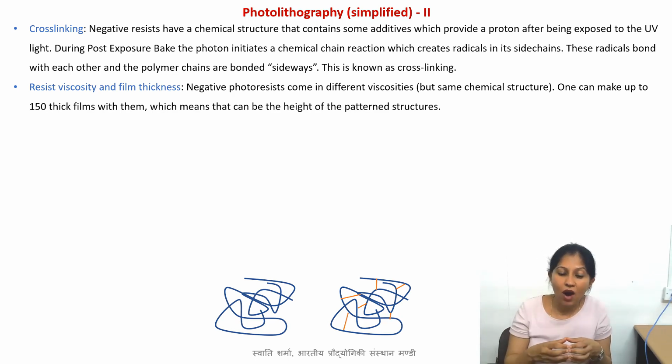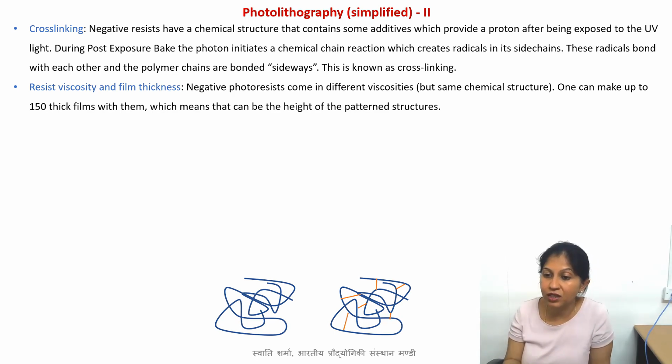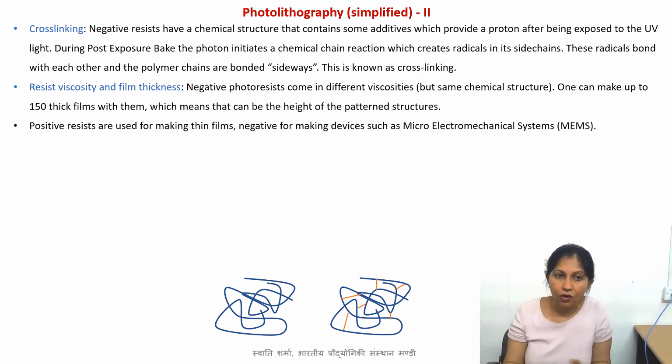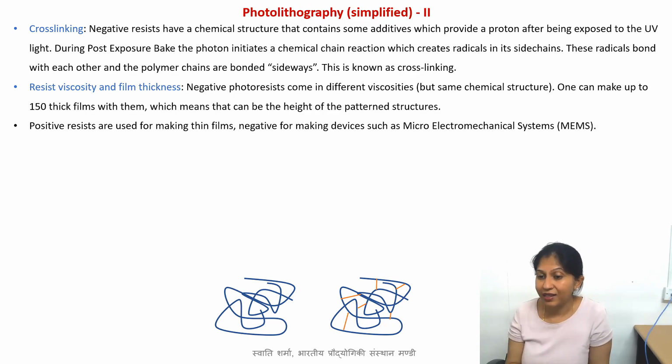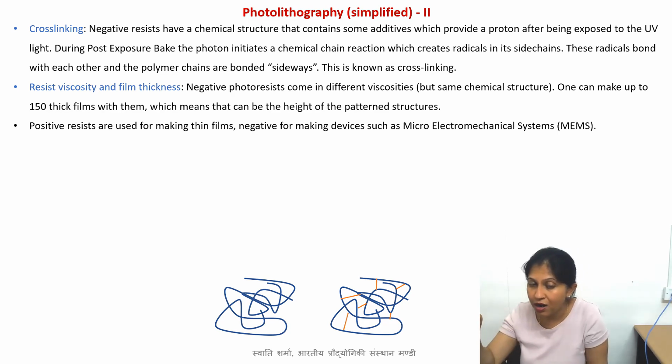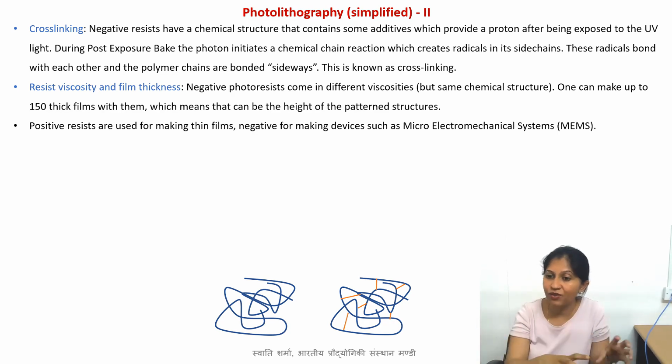Now how do they make different viscosities of the polymer? By either changing the solvent or by changing the molecular weight, or the length of the polymer chains. You can see that it is the negative resists that come in different viscosities, and that is why they are typically used for making higher structures, while thin films are more the case with positive resists.